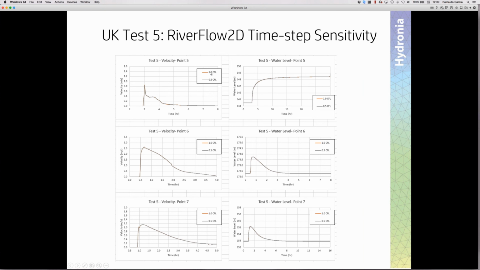Typically 0.1 is the value that is recommended, but sometimes you may want to use a lower value. But there is virtually no difference in the model results at any point with respect to the time step. Remember that the mesh is the same in all cases.